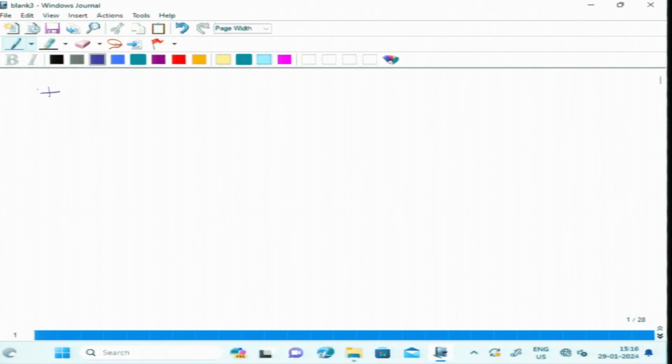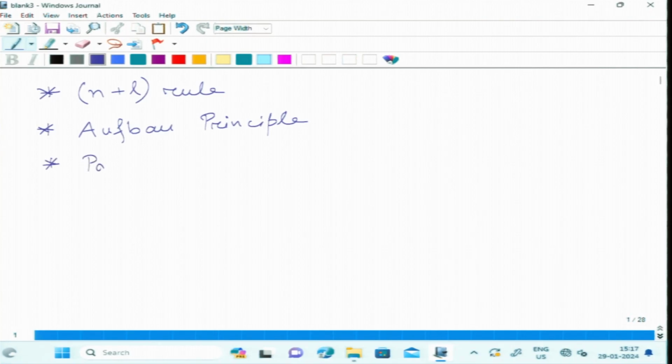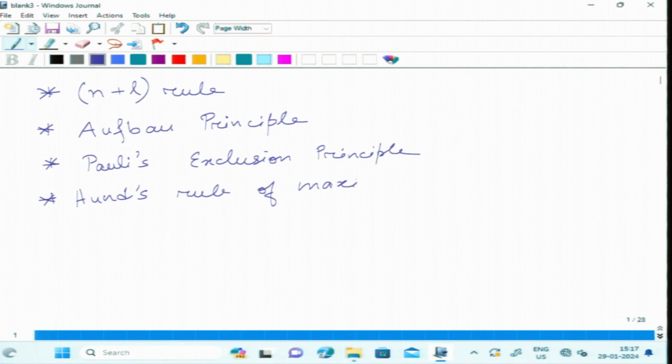So, first of all, we will revise the n+L rule, then Aufbau principle, then Pauli's exclusion principle, and Hund's rule of maximum multiplicity.